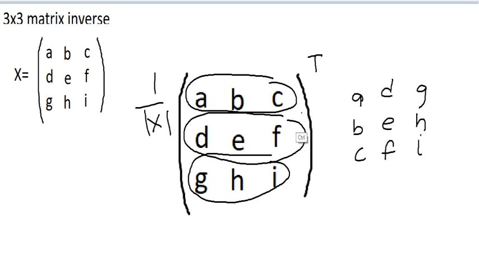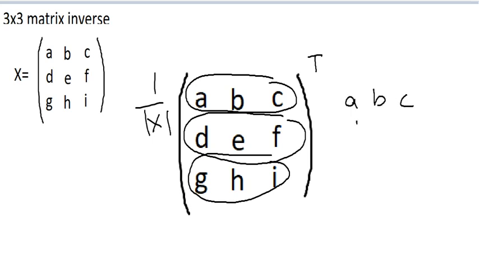Alternatively, what I used to do is a bit more, I found it easy, but you can figure out which one you want to choose. I'll just write it one more time: A, B, C, D, E, F, G, H, I. Basically, you can draw a straight line in the middle, the diagonal, and the values draw a reflection of each other.